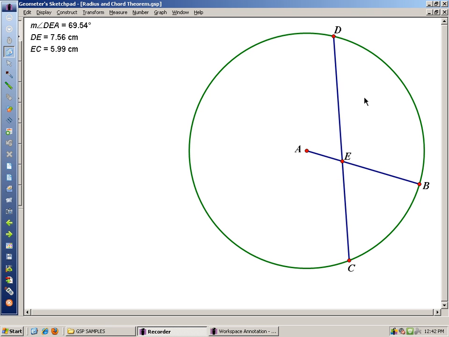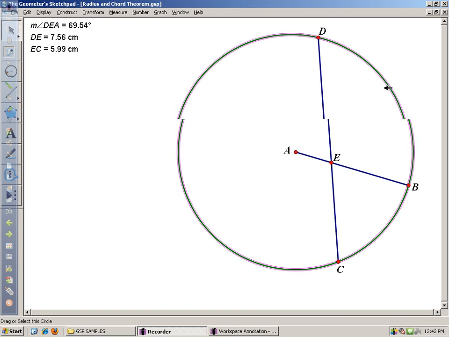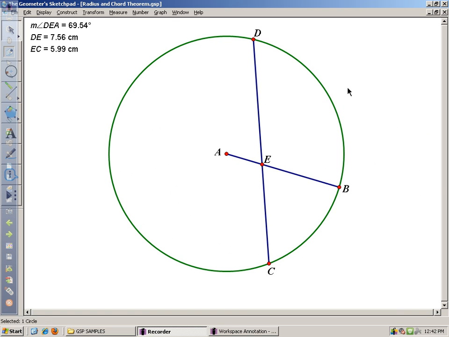So here's this demo, and we have a circle again, and segment AB is a radius of the circle, and segment DC is a chord. Its endpoints are on the circle. What we're measuring here, angle DEA is this angle here, the angle between the radius and the chord.